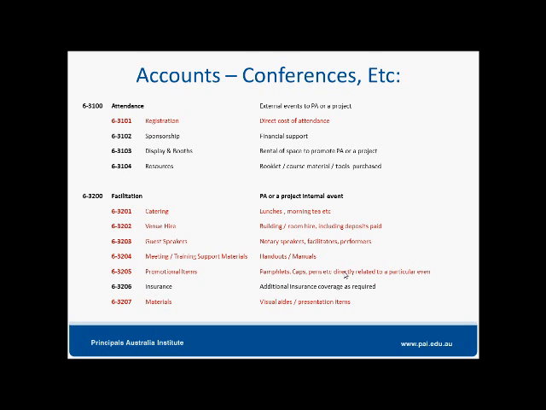Insurance, generally PAI's insurance would cover most events that we run, although sometimes it's important to check that we have sufficient coverage for the event that's being run. Materials, and there we talk about visual aids and presentation items that are purchased in addition.